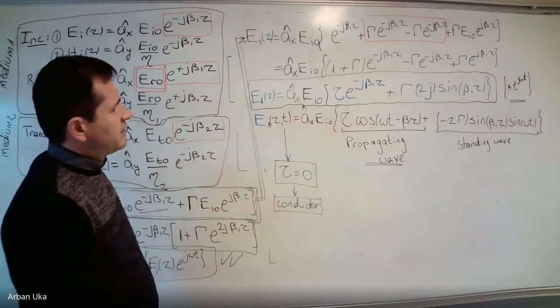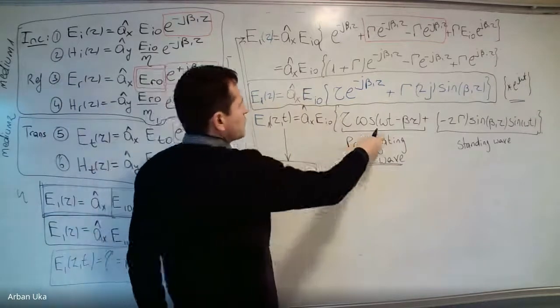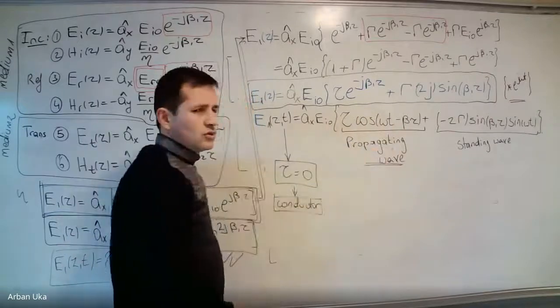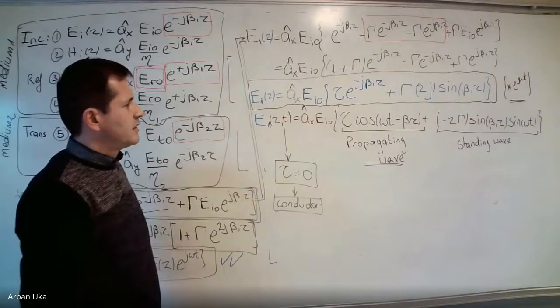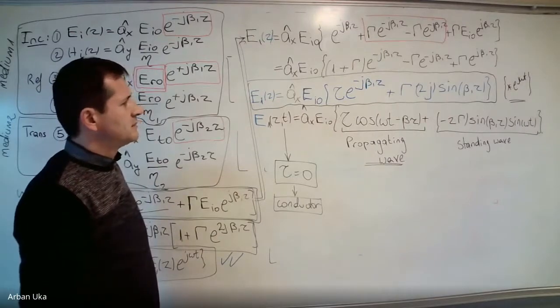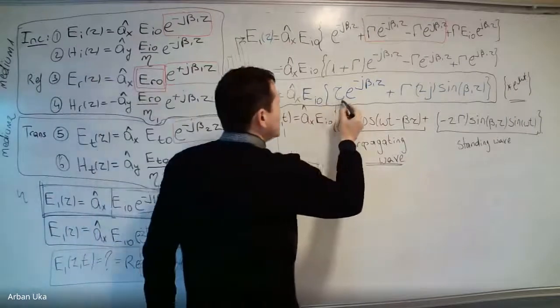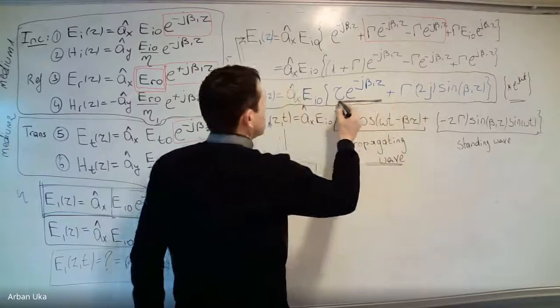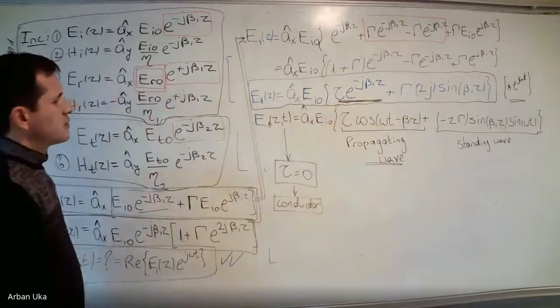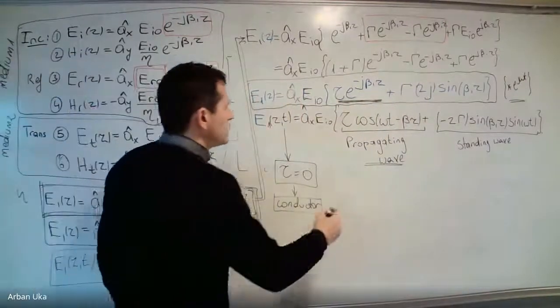So if this is the propagating wave, where is this propagating wave propagating to? Can you conclude something here? I believe if we look at this term, we might notice it. So this propagating term, where is it propagating to?